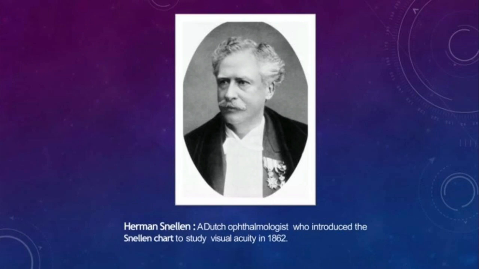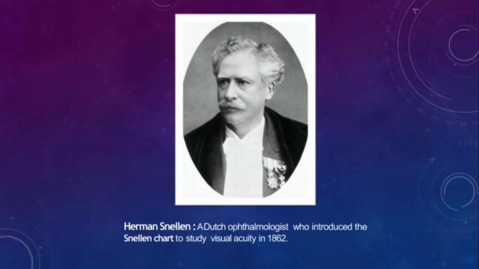Herman Snellen was a Dutch ophthalmologist who introduced the Snellen chart for studying visual acuity in 1862. The Snellen chart is a standardized chart that is used to measure a person's ability to discriminate fine detail and shapes of objects at a given distance.